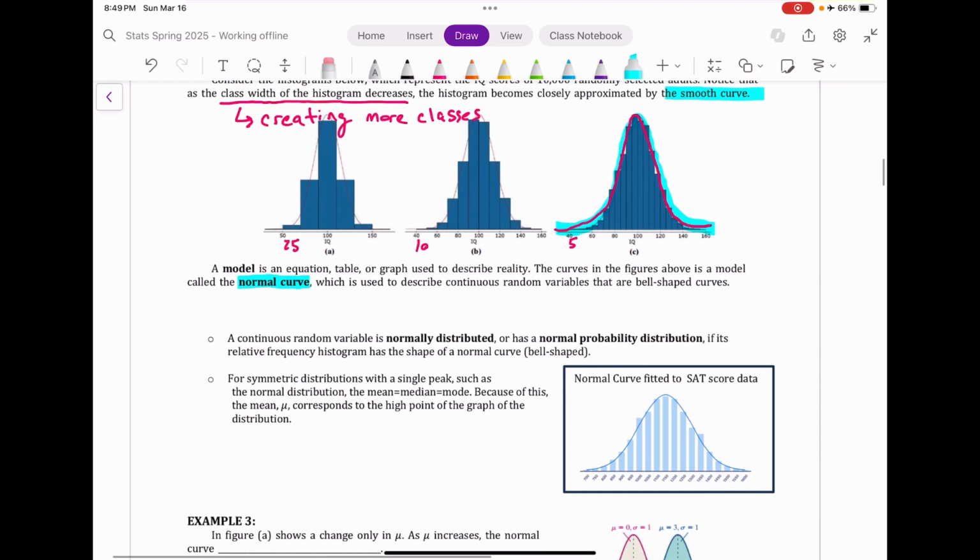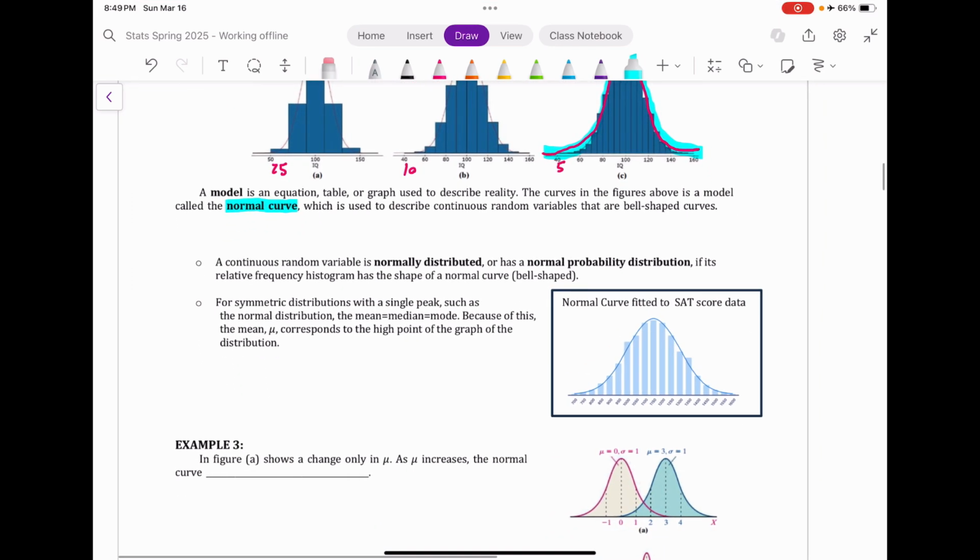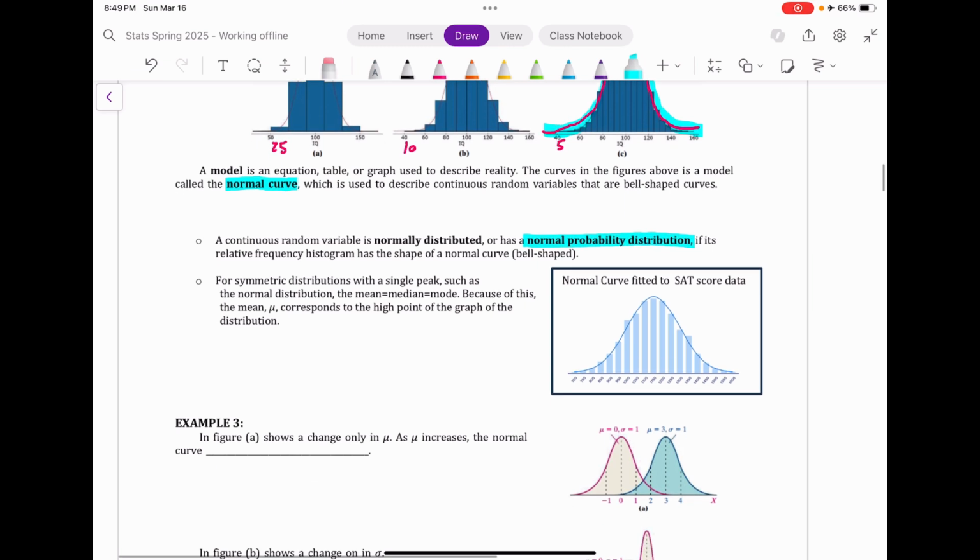Because it's a model, it's very good at approximating data that is bell-shaped. A continuous random variable is normally distributed, or said to have a normal probability distribution, if the distribution is bell-shaped. We're going to say that bell-shaped and normal distributions are synonymous from here on out.